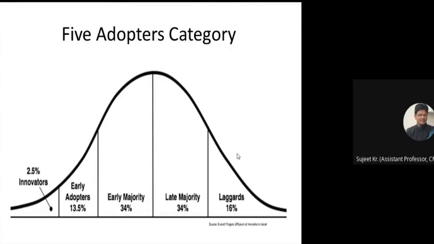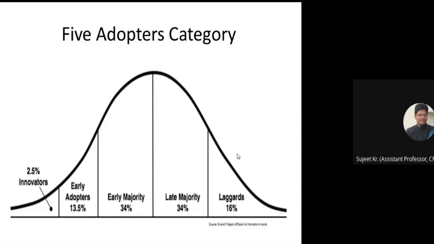But this is what he suggested, that this is the basic feature of society, that innovators will be fewer. And then the second category is early adopters, and early adopters are opinion leaders. They have leadership qualities, right? They need just some information regarding the new thing, and they are eagerly waiting to adopt the new idea, right? So these are early adopters.